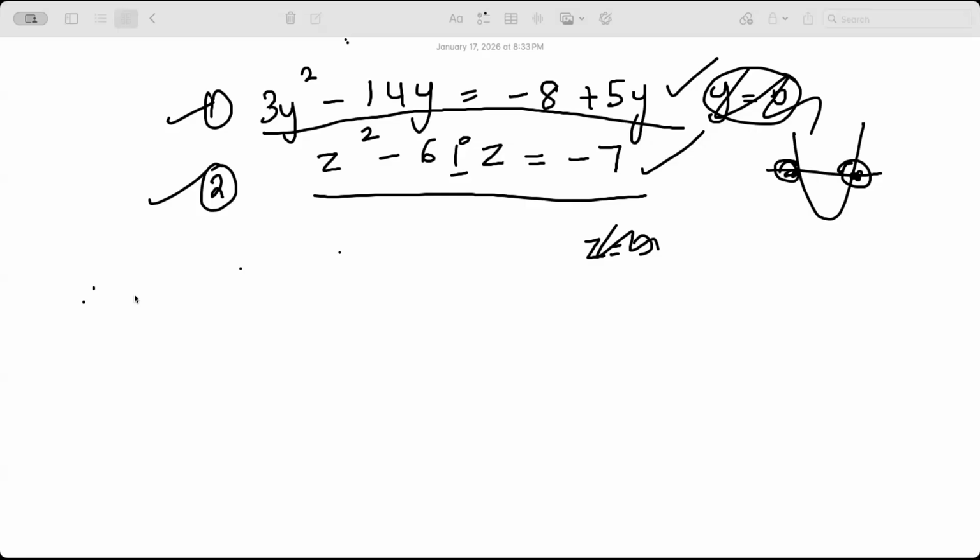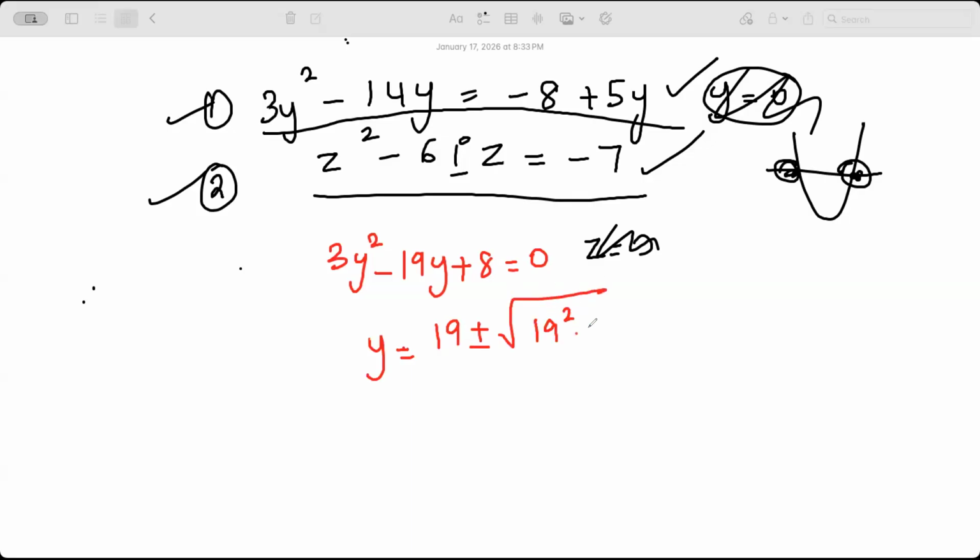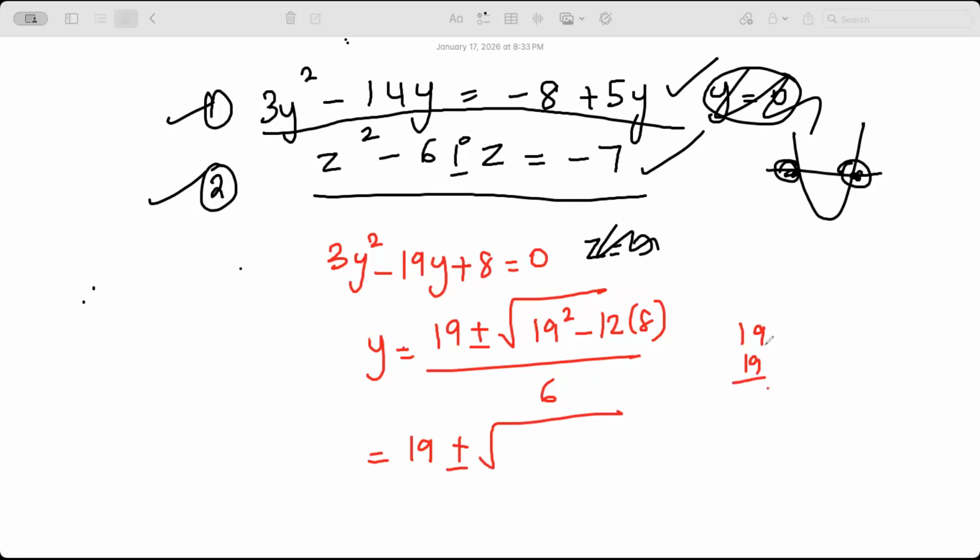Okay. Sham, that's correct. Okay, I'm going to do it. 3y square minus 19y plus 8 equal to 0. y will be equal to minus b plus or minus square root of b square minus 4ac divided by 2a. 19 plus or minus, I forgot what 19 square is. 361, yes. 361 minus 96, divided by 6, right?